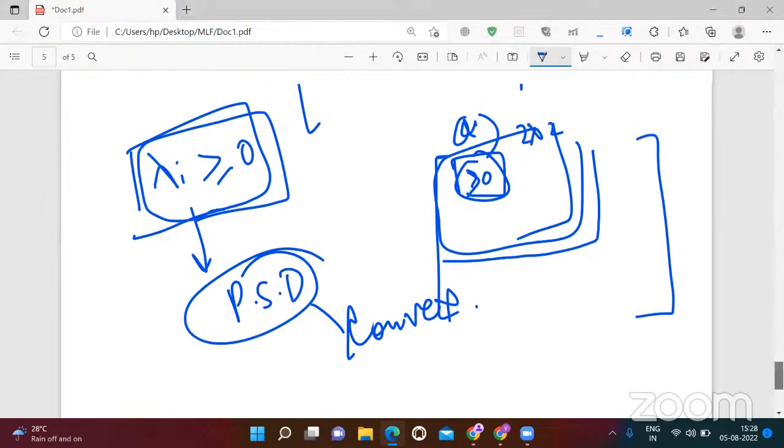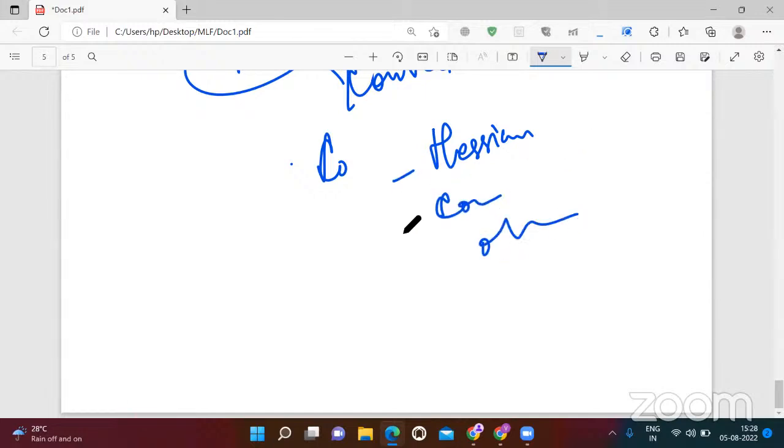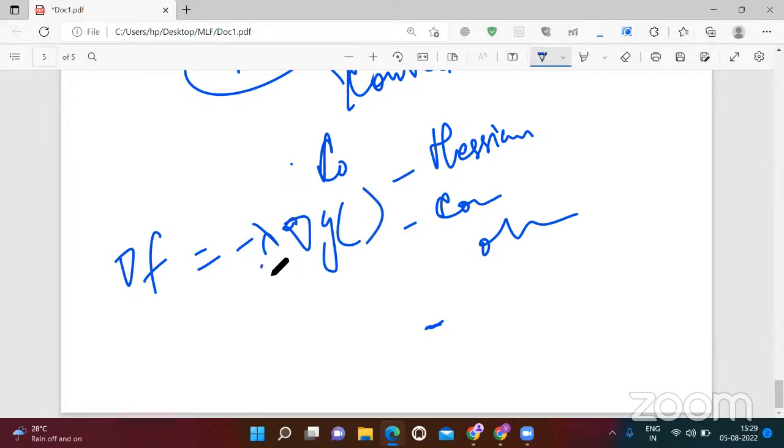Okay, so this is clear, I guess. So nothing much will be from here. From here you can expect some problems, like I told you, the Hessian matrix, or how to write the constraint equation of the objective function, and problems to calculate the minimum distance or maximum distance, that you can solve with the help of Lagrange. You can take this equation minus lambda del of g(x), or you are taking plus lambda also, it's fine.